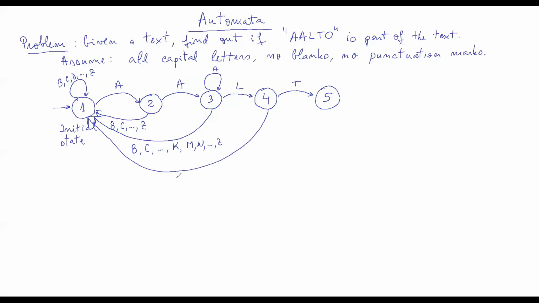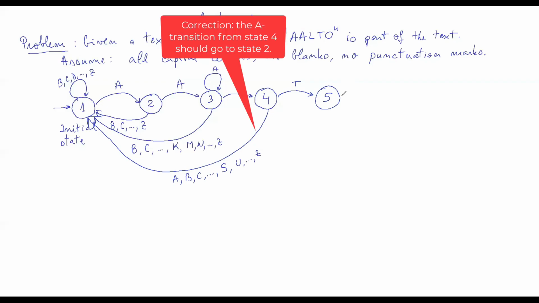So any other letter except T is going to reset your search. Letter T is something you would like to see, but anything else is going to reset your search.